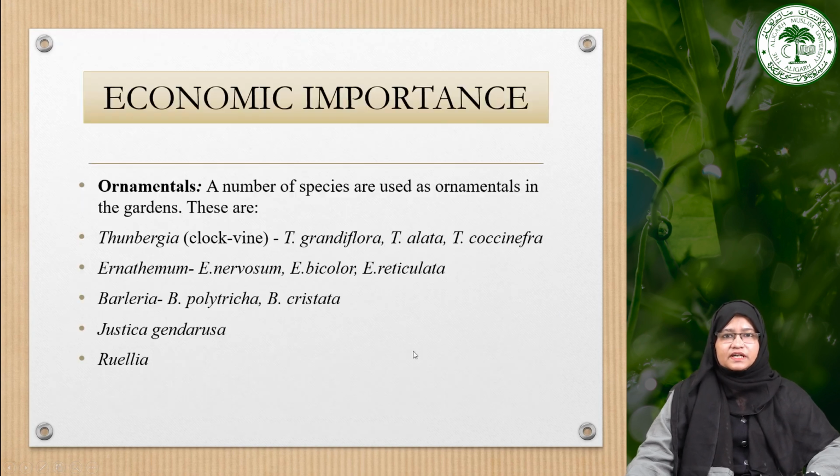Now moving towards the economic importance of the family Acanthaceae. Most of the plants in this family are ornamentally important, like Thunbergia, commonly called clockvine, which has many species grown ornamentally, like Thunbergia grandiflora, Thunbergia alata, Thunbergia coccinea.